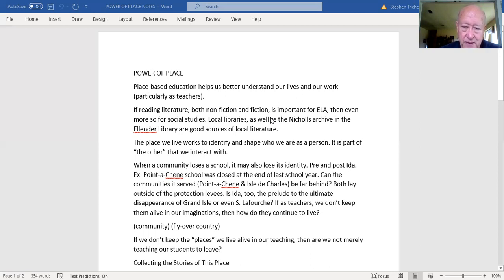I know attempts are going to be made to rebuild it. So it may hang around, but we know that other barrier islands are slowly disappearing on either side of Grand Isle.